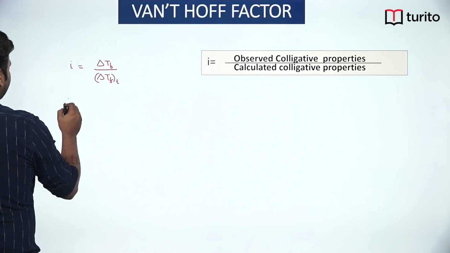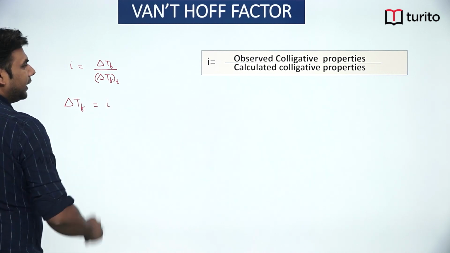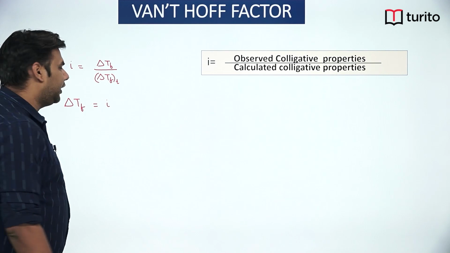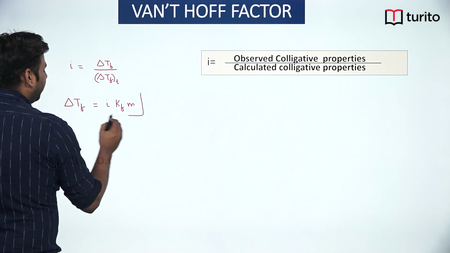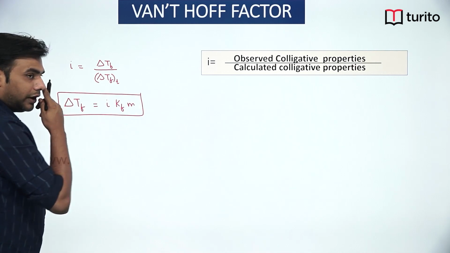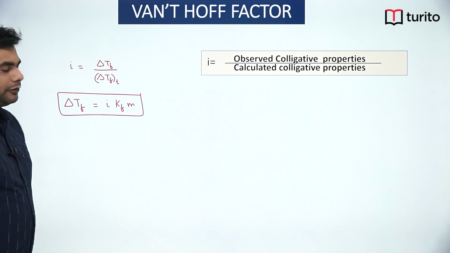So I can write delta Tf as i into the theoretical or the calculated colligative property, which is Kf into m. So we'll always incorporate a Van't Hoff factor. Basically we are incorporating a Van't Hoff factor in the expression.